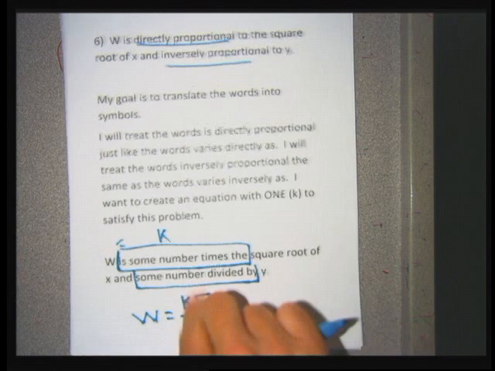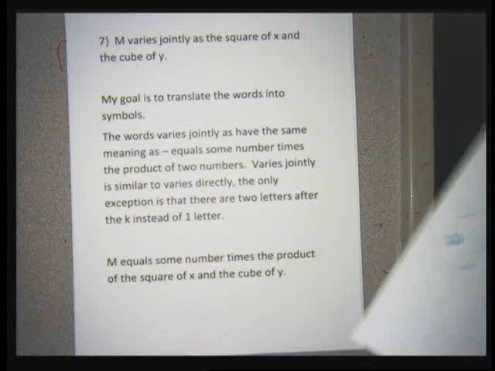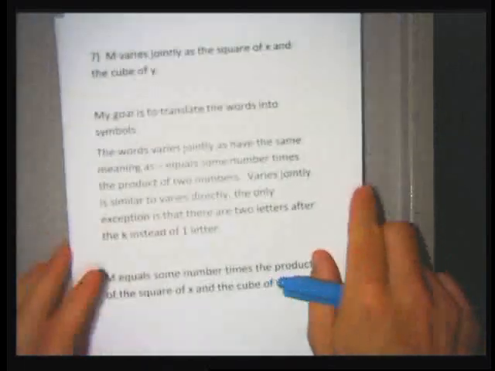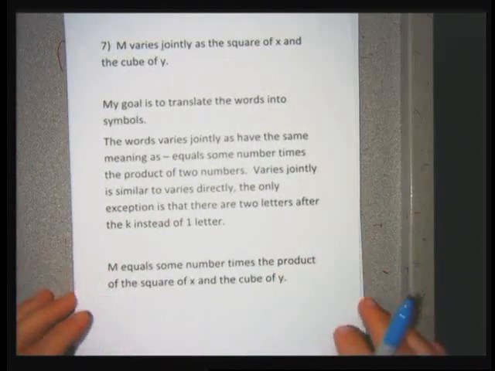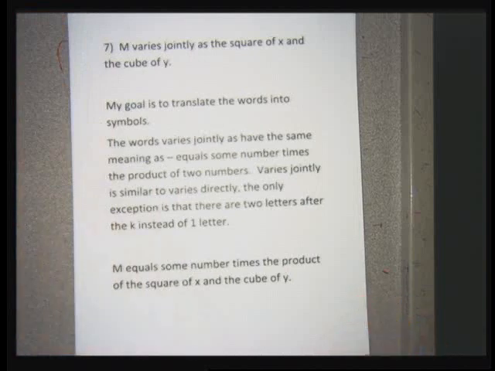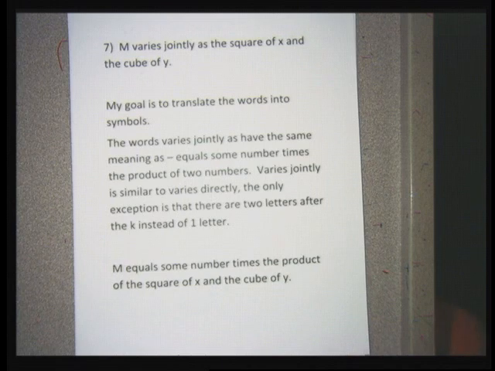I think 7 and 8 are jointly problems. For jointly, I'm going to have two letters multiplied after the k. Jointly and directly are really similar in that after the k you have multiplication.